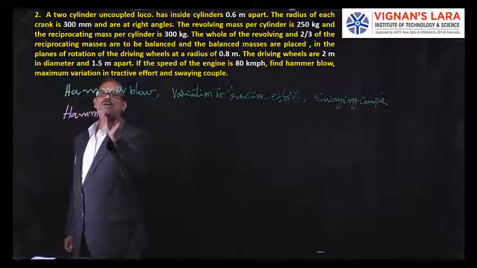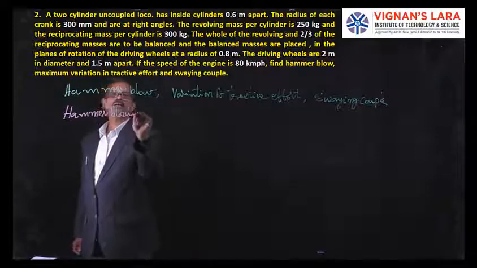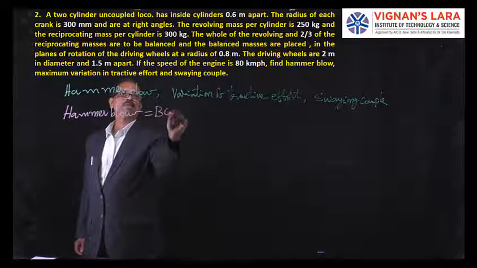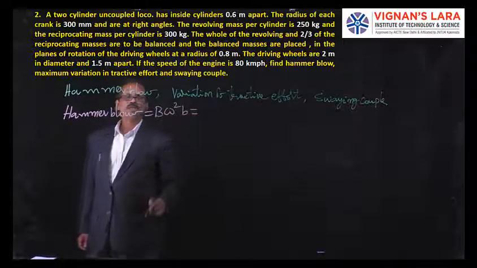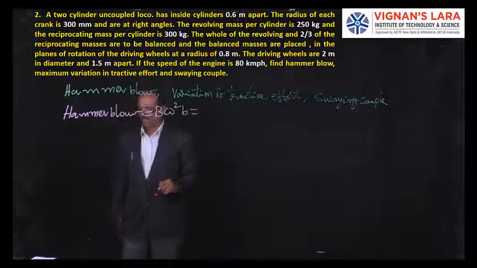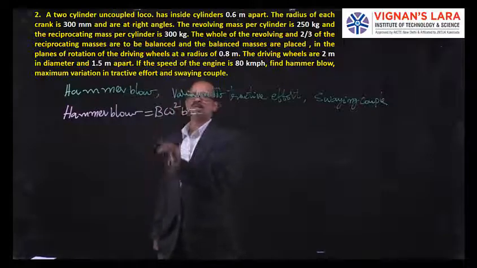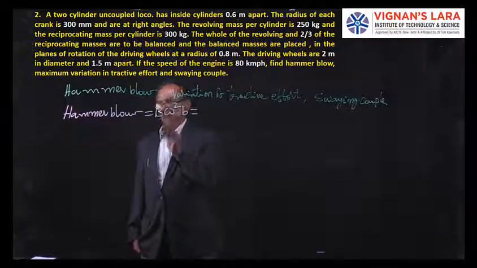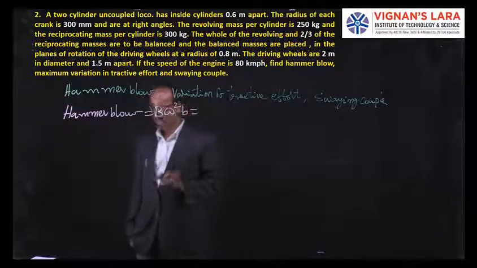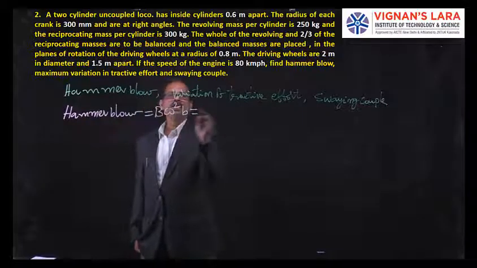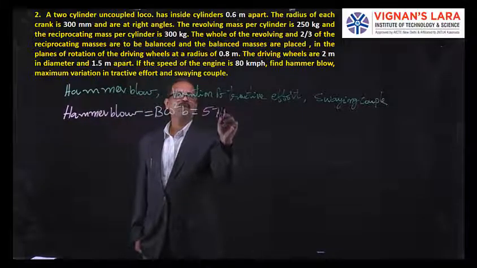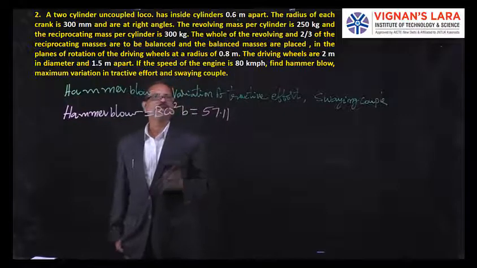Hammer blow is given by B omega square r. What is capital B? Capital B is the mass required to balance only the reciprocating masses, which we just calculated as 57.11.